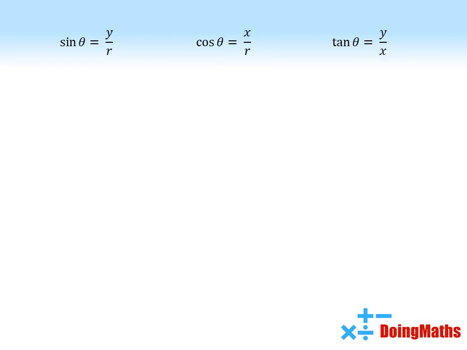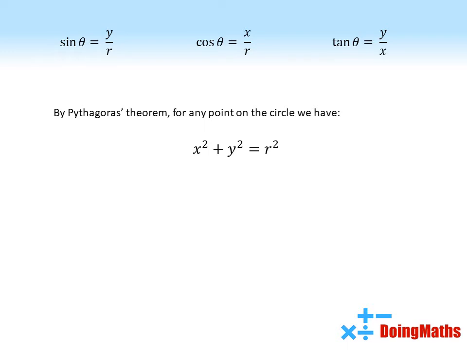We can use the same 3 definitions to help us with our next identity. Right, by Pythagoras' theorem, for any point on the circle, we have that x squared plus y squared equals r squared. If we divide this through by r squared, we get this equation here.